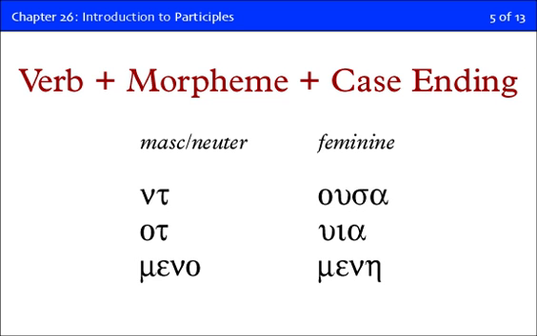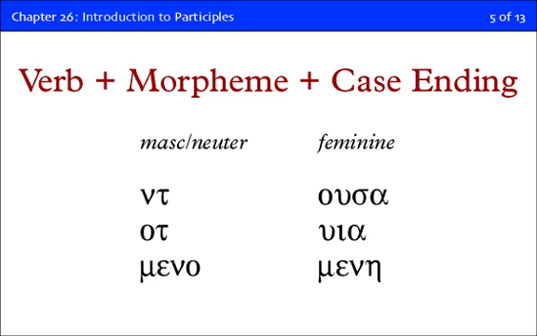Basically the morphemes are nu tau, and that's your primary active participle. There's also omicron tau, which is an alternate active participle. And the primary middle passive morpheme is mena, or unless it's first declension, it goes to mene. But it's the same participle morpheme. So in terms of memorizing morphemes, you've got nu tau, omicron tau, and mena or mene.